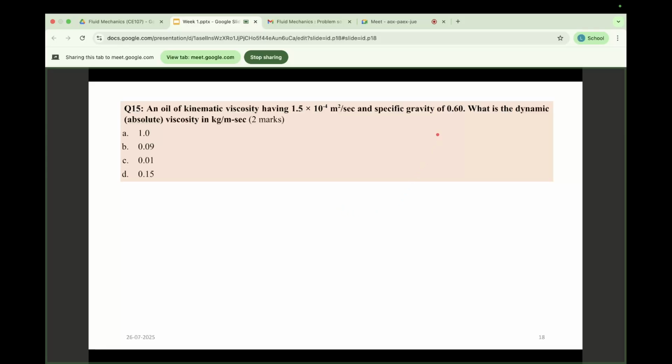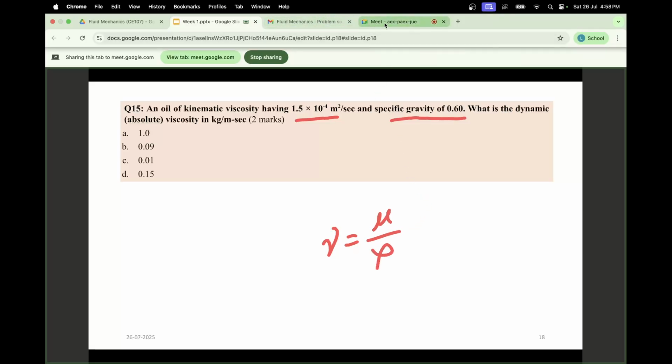Since as already you got this concept, specific gravity is given. From specific gravity you can find out density, right? Also kinematic viscosity is given. So you can use this formula to find out this dynamic viscosity, because we know dynamic viscosity equal to kinematic viscosity times density. So you have to find only the density.